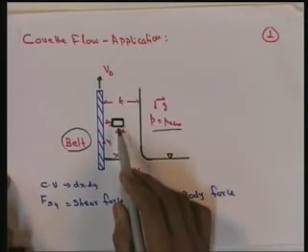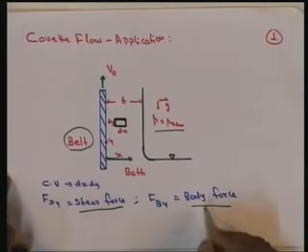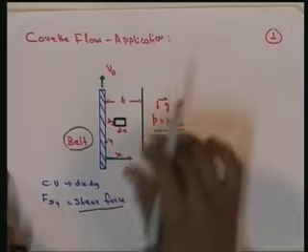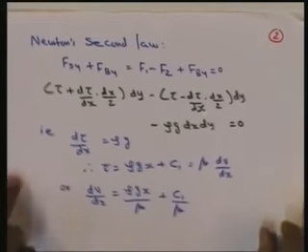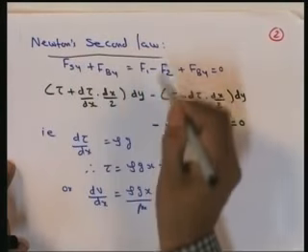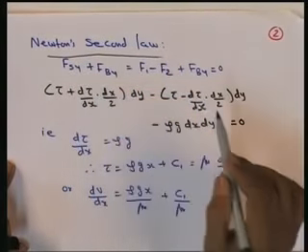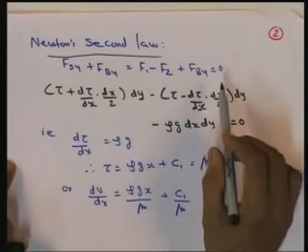So, the forces are the shear force and the body force. Now, using Newton's second law, we can write F_Sy plus F_By, that is, the shear force and the body force, equal to 0.